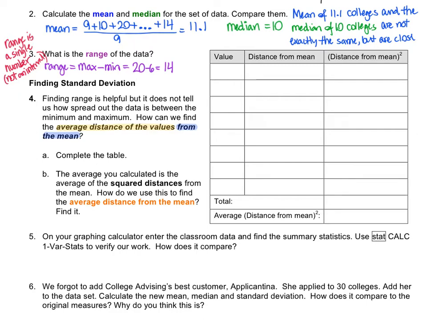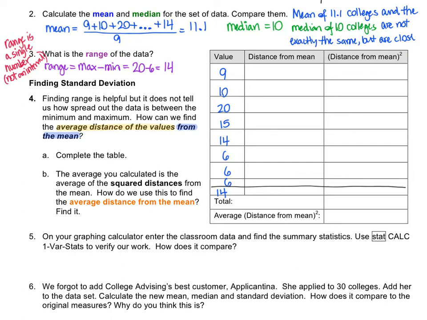So what we're going to do is put the values that we got from our data collection into the value column. We were 1 line short, but we squeezed them in. The next thing that we're going to do is find, for each one of those values, the distance away from the mean.